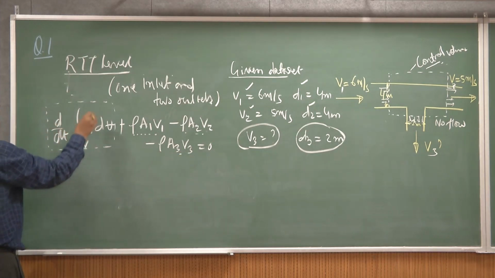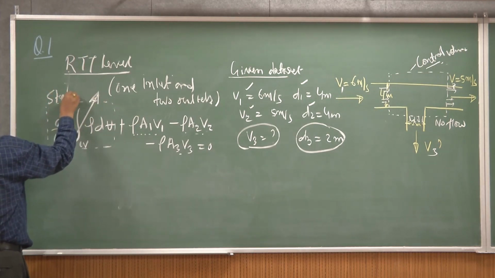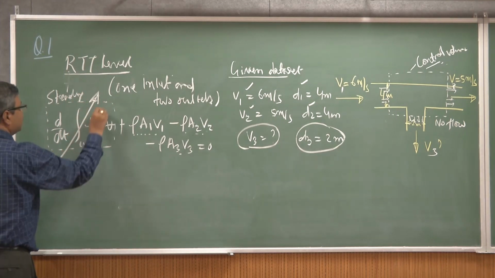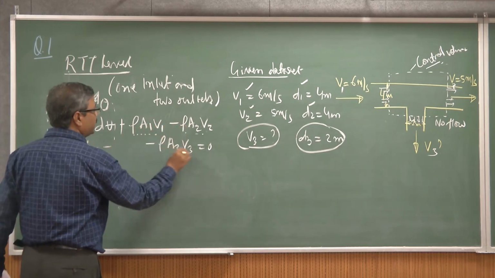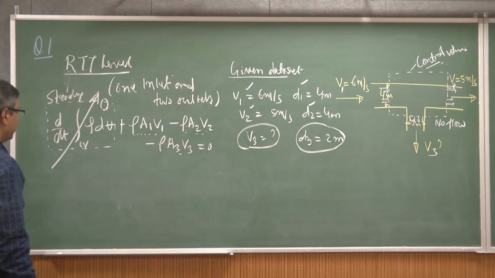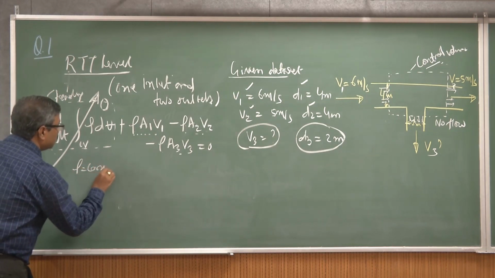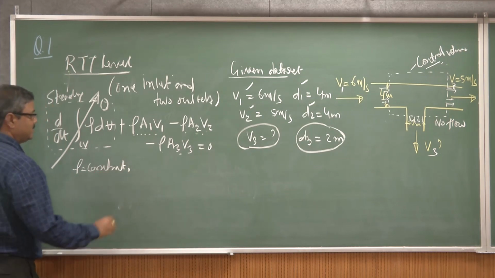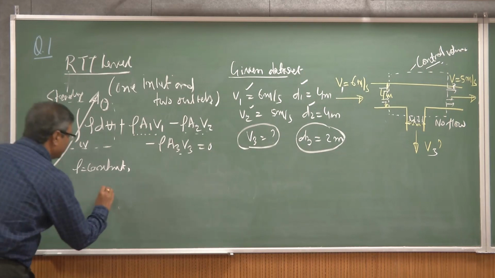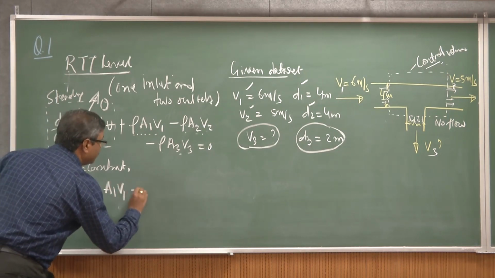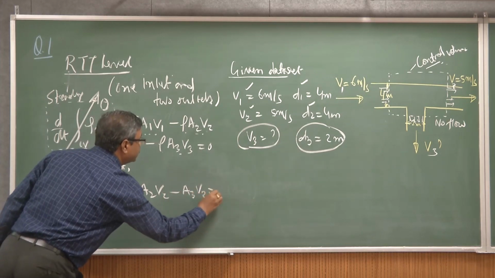In this case, as it's a steady flow, these components become 0. So we have only these three components that we need to compute. And as the rho is a constant, since only water is flowing through this, we can easily compute that A1 V1 minus A2 V2 minus A3 V3 is equal to 0.